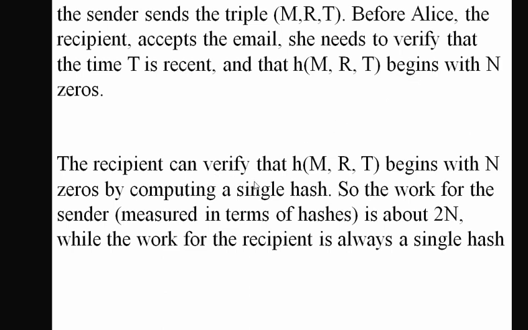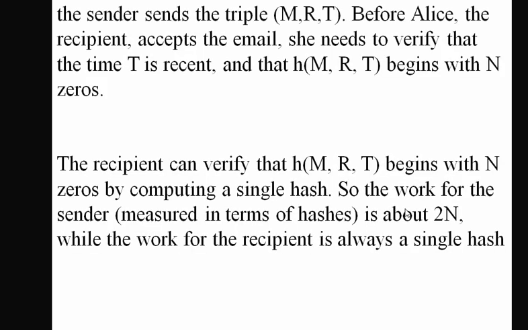The recipient can verify that H(M, R, T) begins with N zeros by computing a single hash. So the work for the sender is about 2 to the power N, while the work for the recipient is always a single hash. In this way we reduce spam.